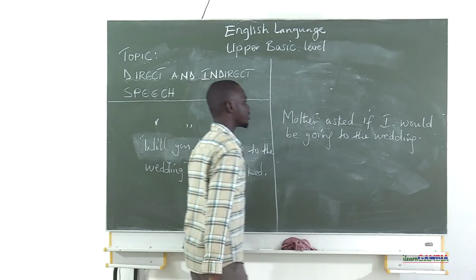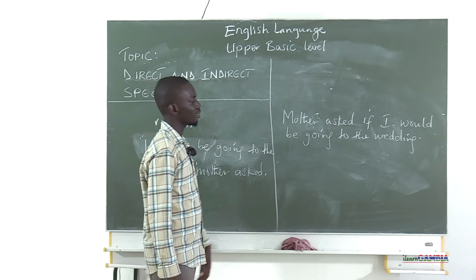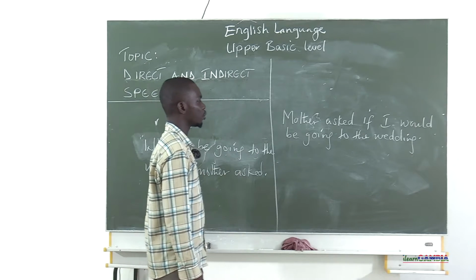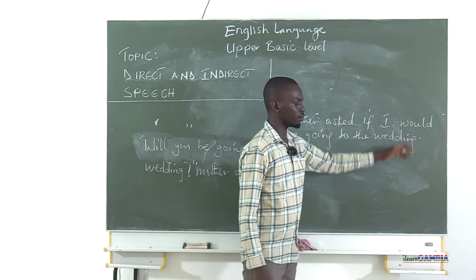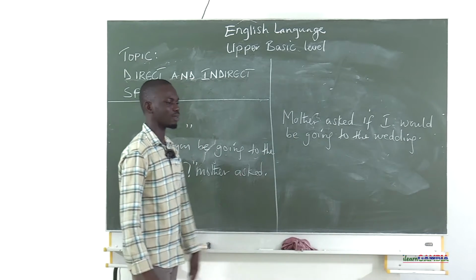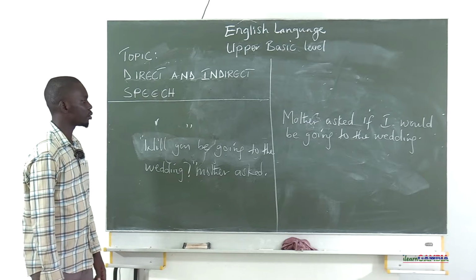Now you can see that this is the reported form, okay? Mother asked if I would be going to the wedding. You can see that will has changed to would because I am reporting what has already been said, okay? Mother asked if I would be going to the wedding.